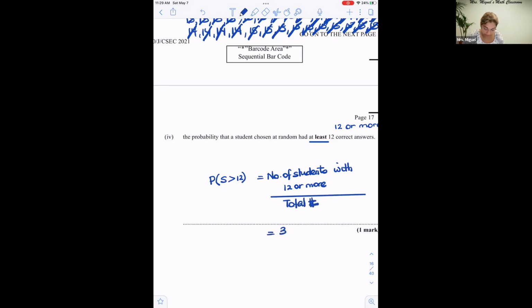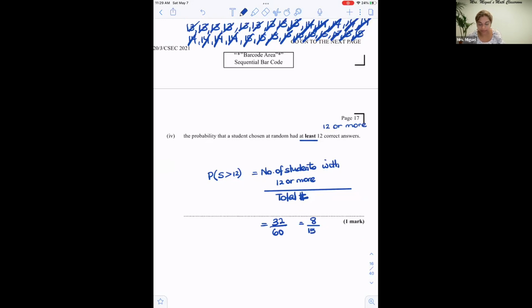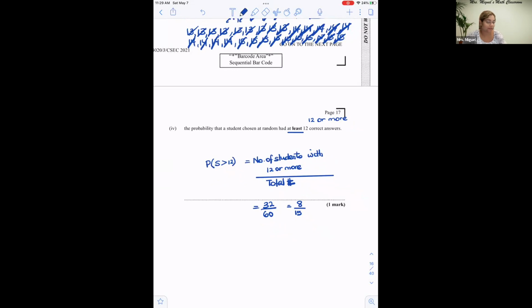So it is 32 over 60. 4 could divide into 32 8 times, and 4 could divide into 60 15 times. So the answer is 8 over 15. So please take it out if you don't have it.